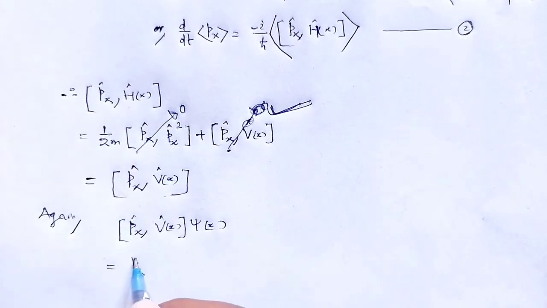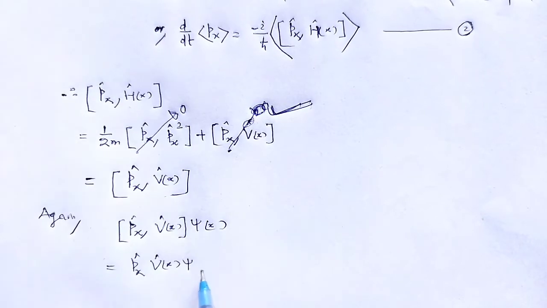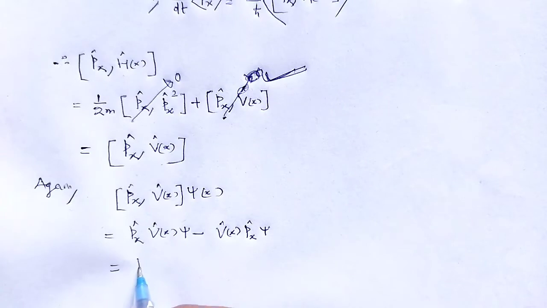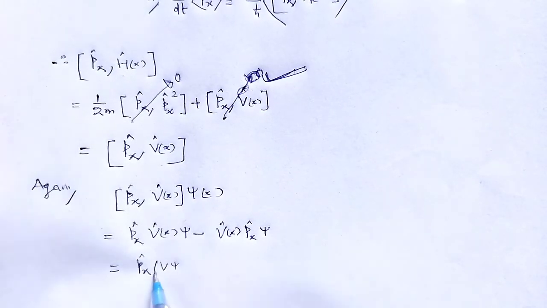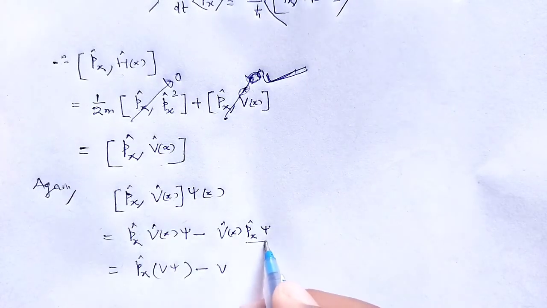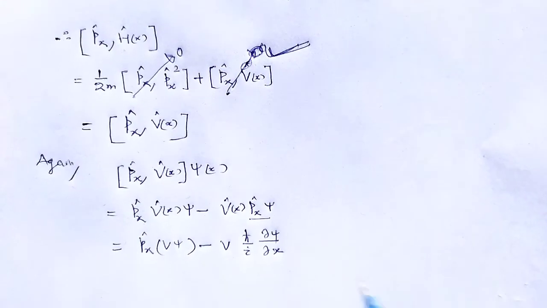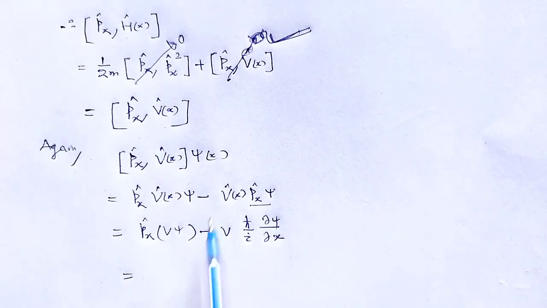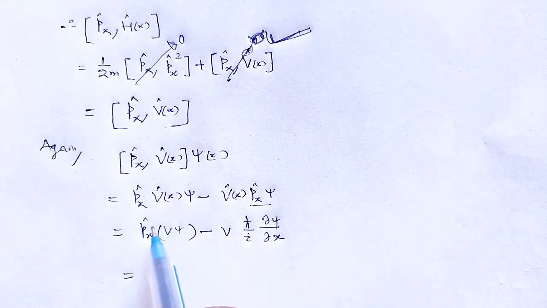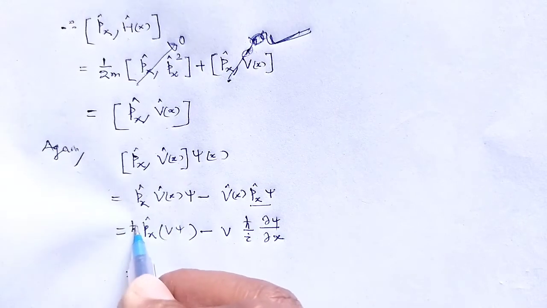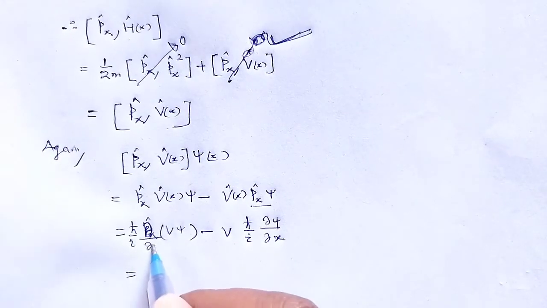We have Px cap V psi minus V Px cap psi, with Px cap having the value ħ by i del by del x.